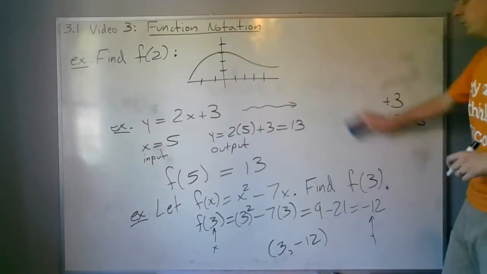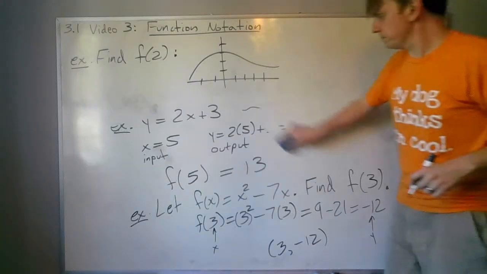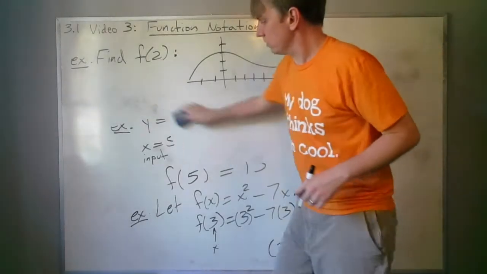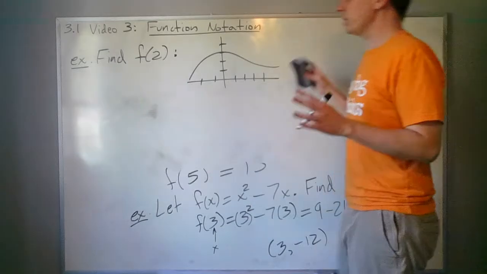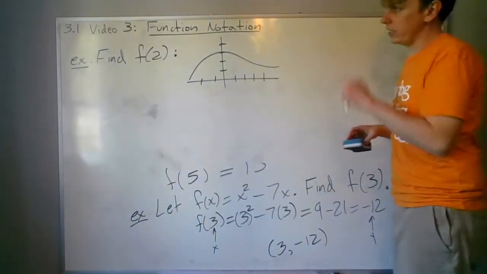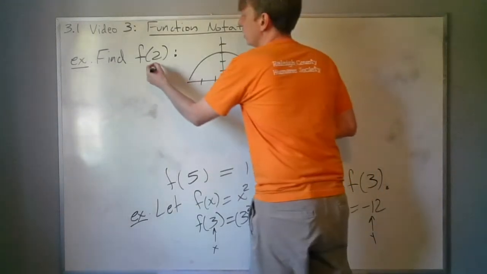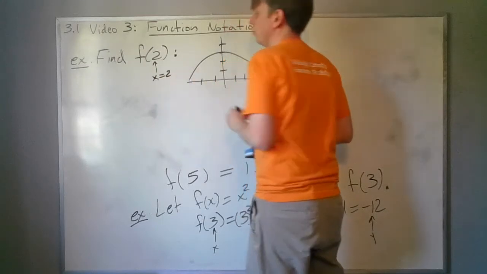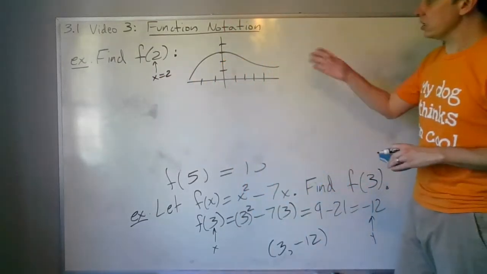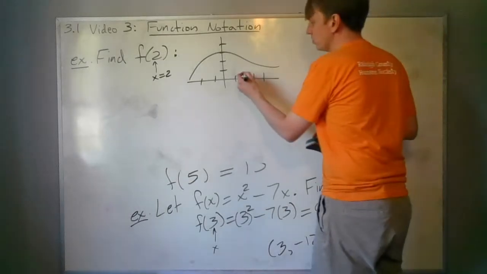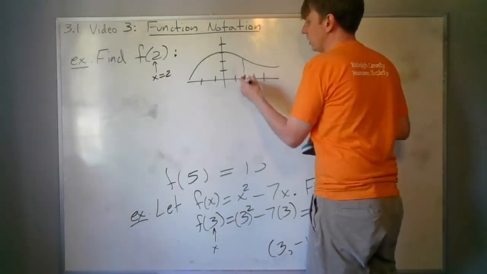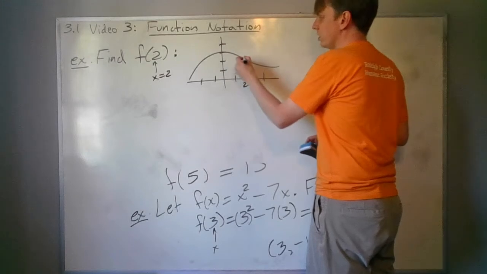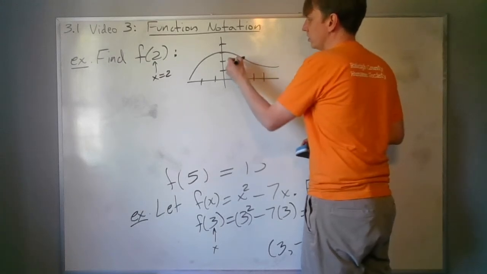Okay, so if I give you a graph of a function, I haven't even told you what the formula is, doesn't matter. We're just looking at that and saying f of 2. The 2 inside the parentheses, that means x is 2. My input is 2. And looking at the graph, if somebody told me my x was 2, I just have to go up from 2 until I find a spot on the graph.